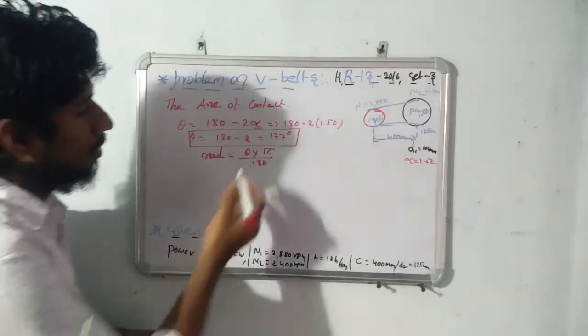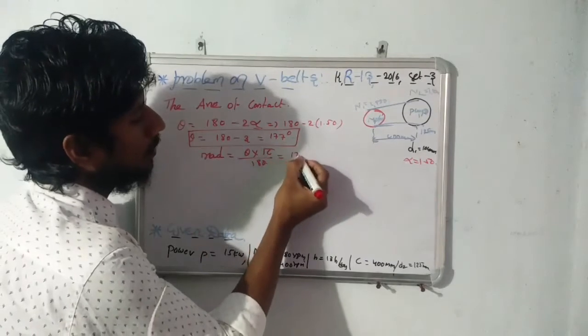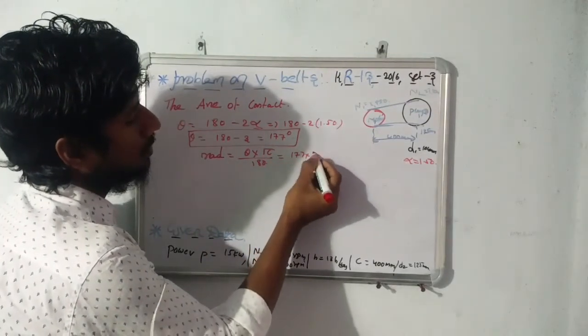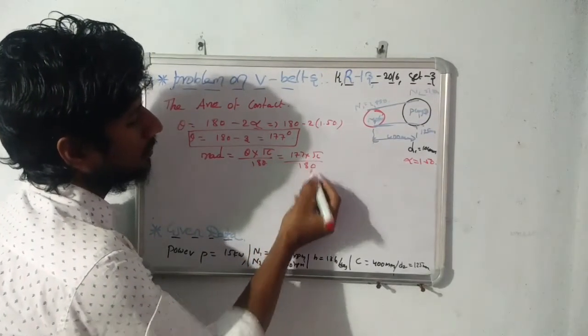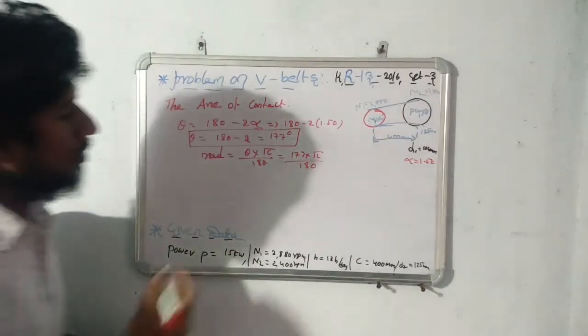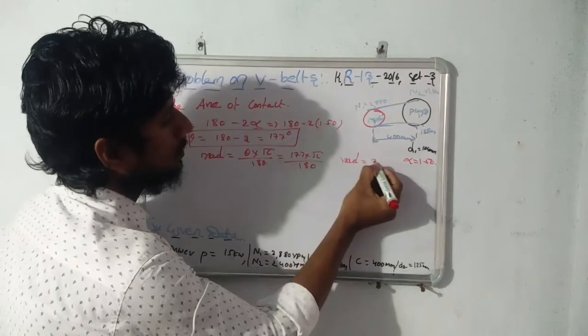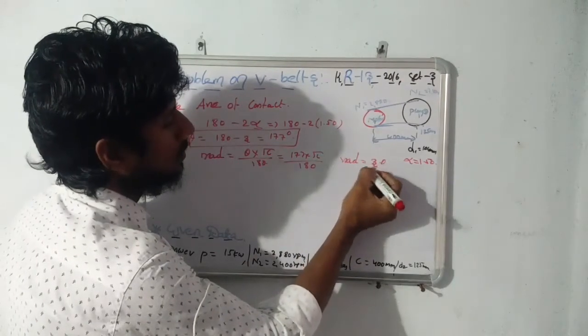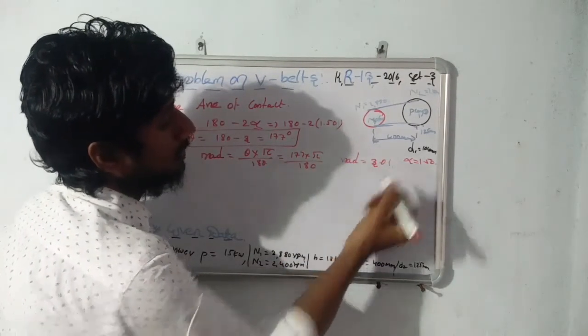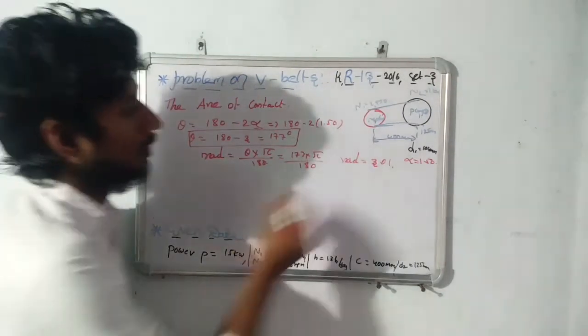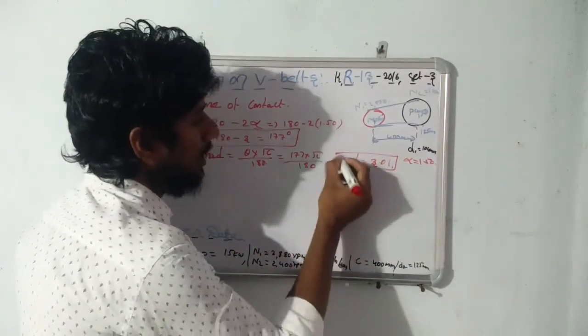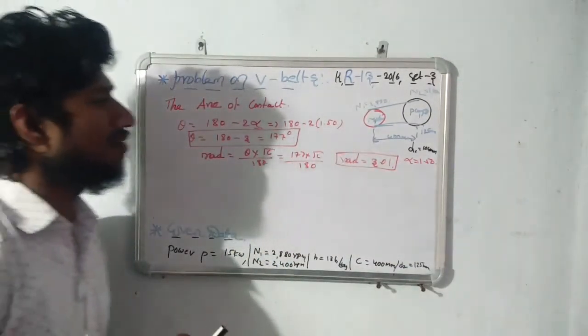So here we know the value of theta, 177 into pi by 180. By simplifying this, we get the radians value, approximately 3.01. Here we know each and every value.